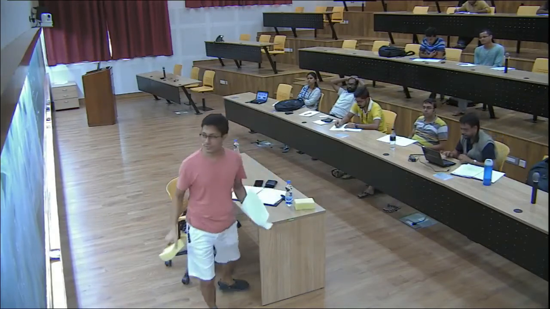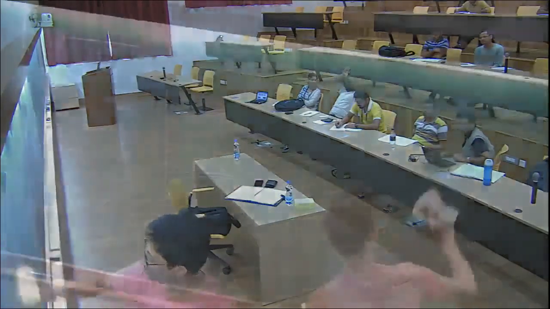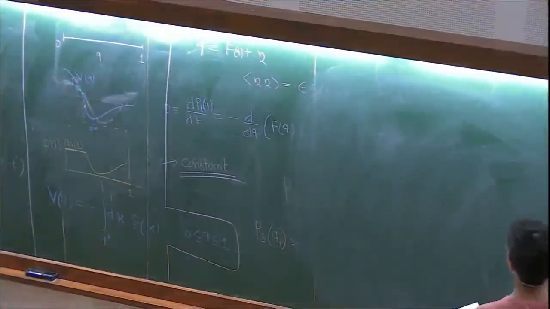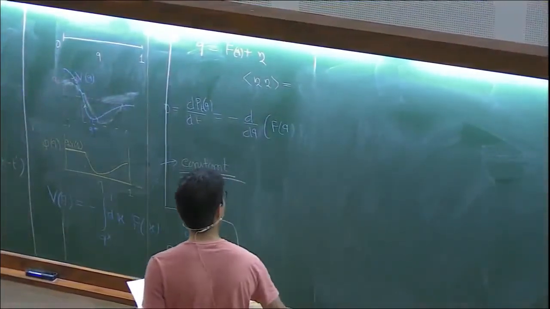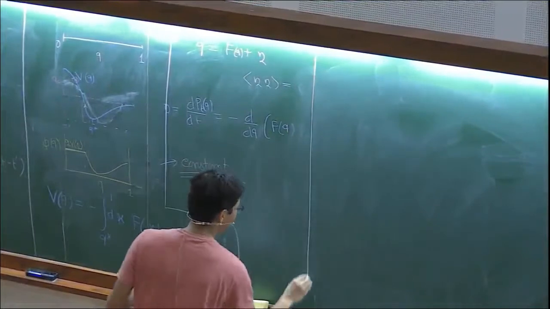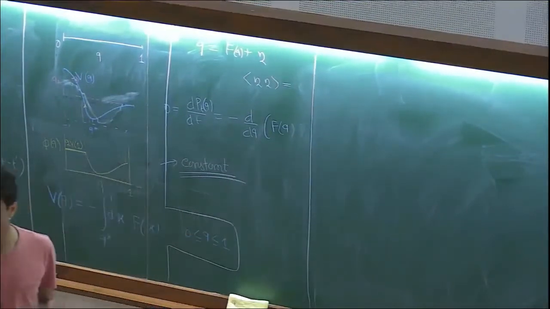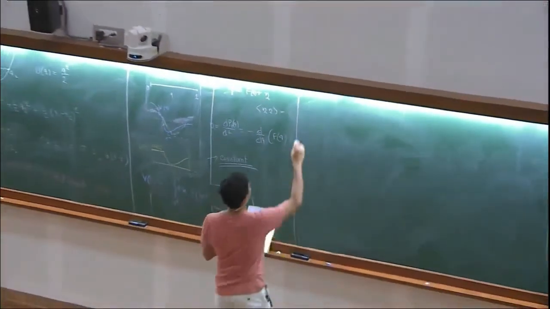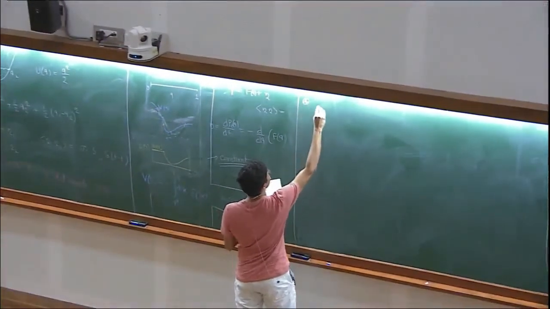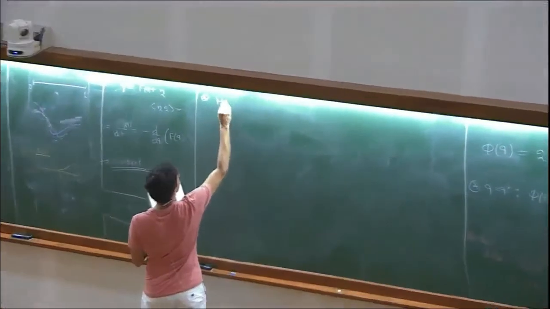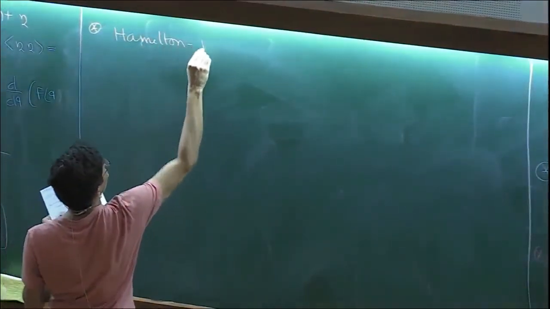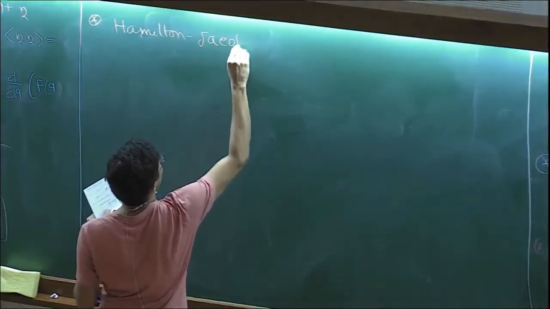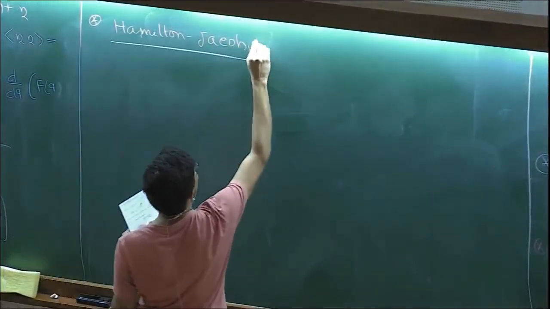The one more property that I want to mention: I told you that when I'm looking at the stationary state problem, the paths that contribute are associated with the Hamiltonian being 0. Where does that come from? You can understand this from the picture called Hamilton-Jacobi. Again, this is a very standard thing in classical mechanics.